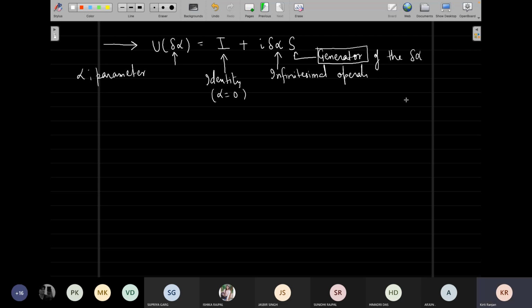So what am I talking about? Let's just think about it conceptually. If I want to think about any finite theta, you can always build very small delta thetas, and you can reach the finite theta by applying this delta theta repeatedly. So this U(delta alpha), which is the group element for the infinitesimal element, is generated by this generator S. So generator generates the infinitesimal operation around the identity element.